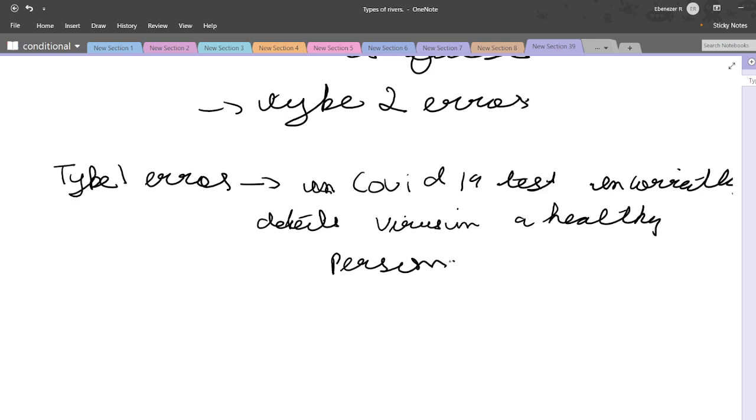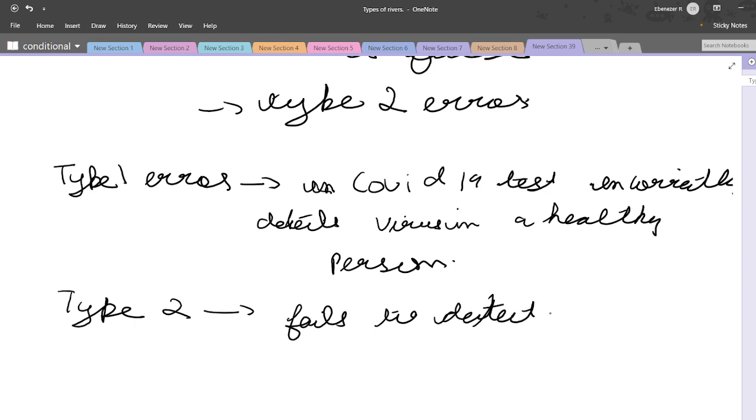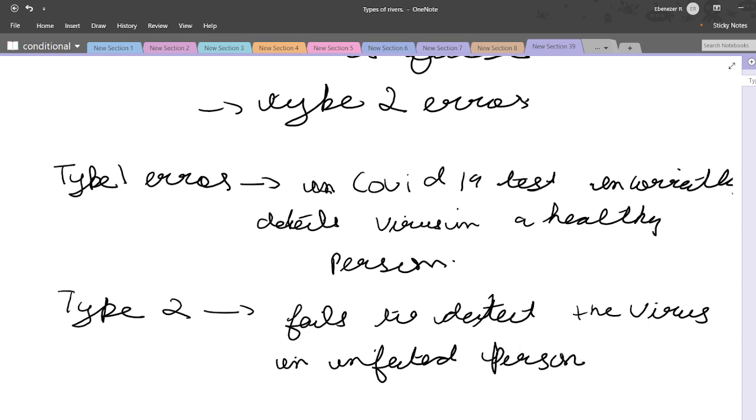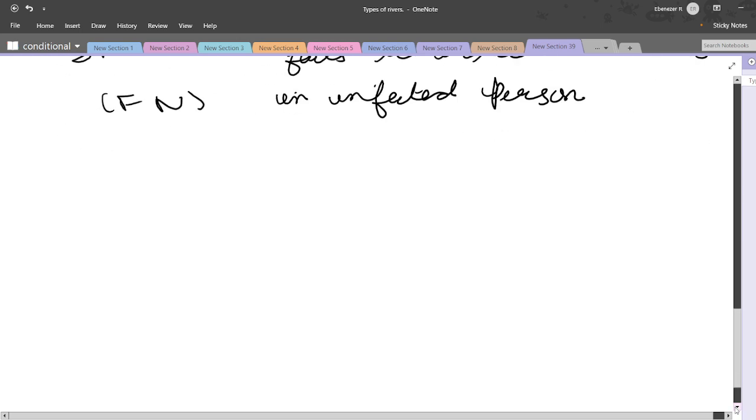That is type 1 error. Type 2 error is nothing but it fails to detect the virus in an infected person. This is your false positive. This is your false negative.